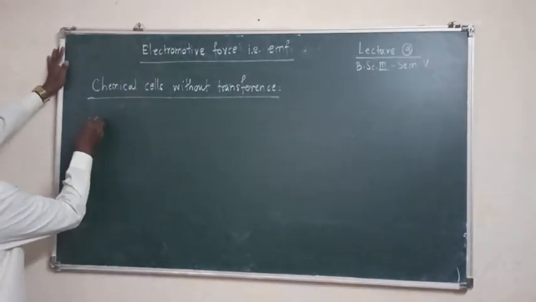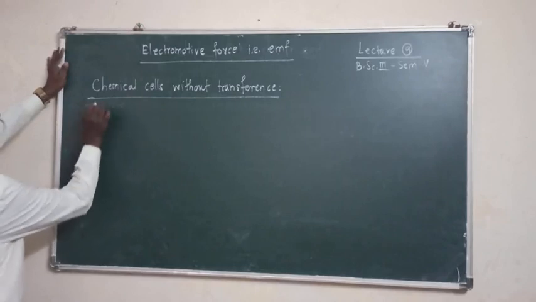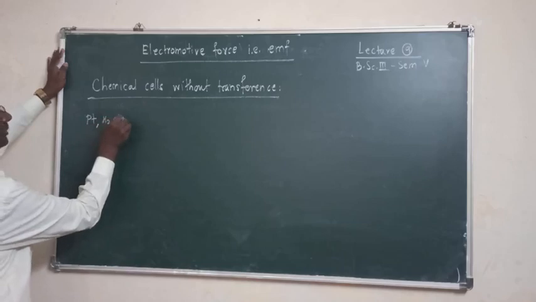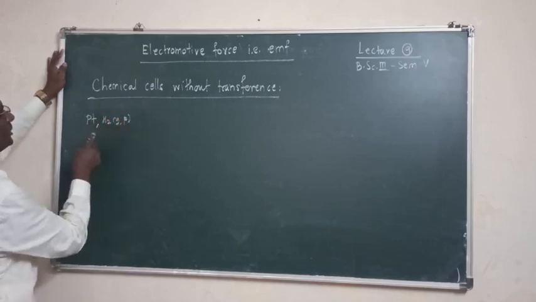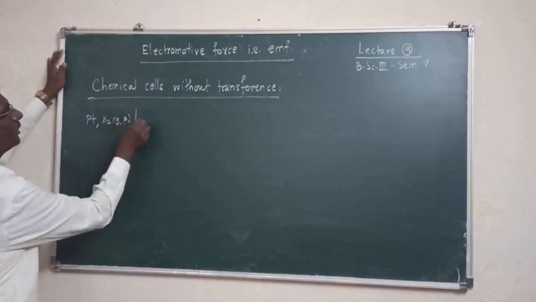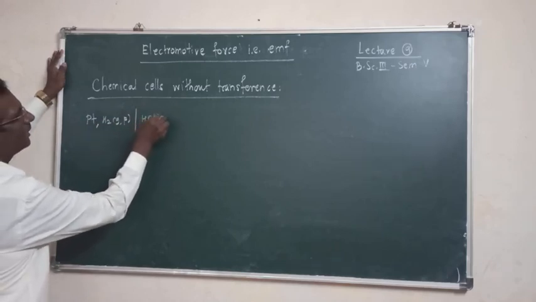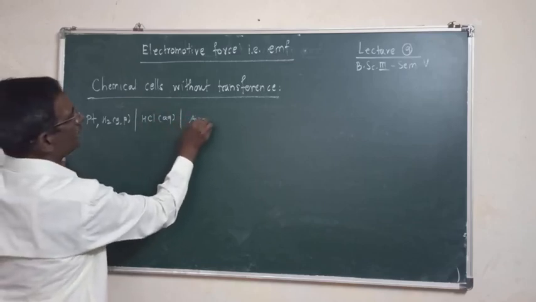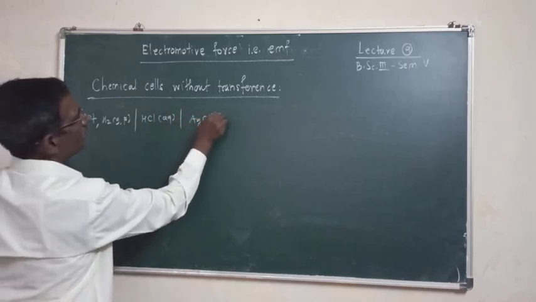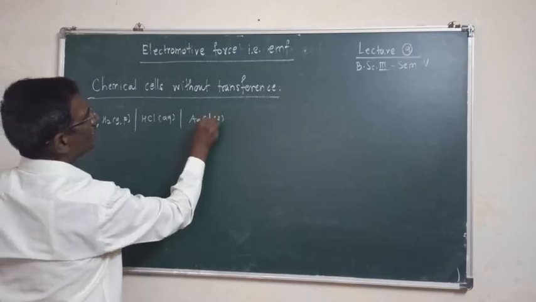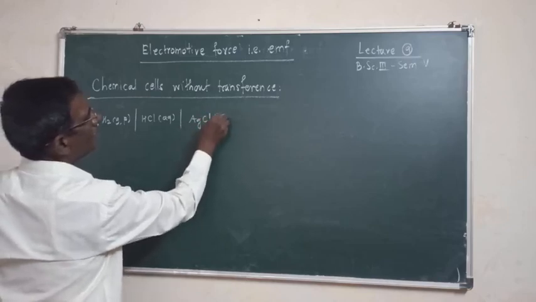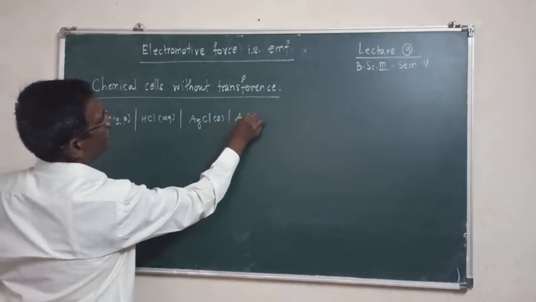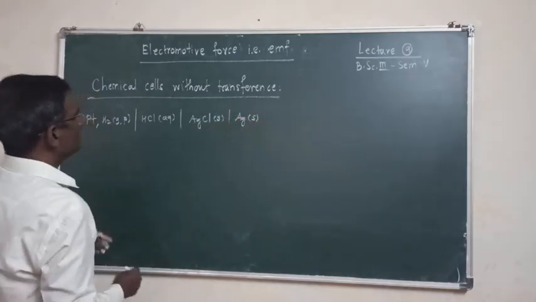Consider the following cell: Pt, which means inert metal in case of gas or liquid, this is the hydrogen electrode. The electrolyte is HCl. Then the other electrode is AgCl, which is solid, and Ag.